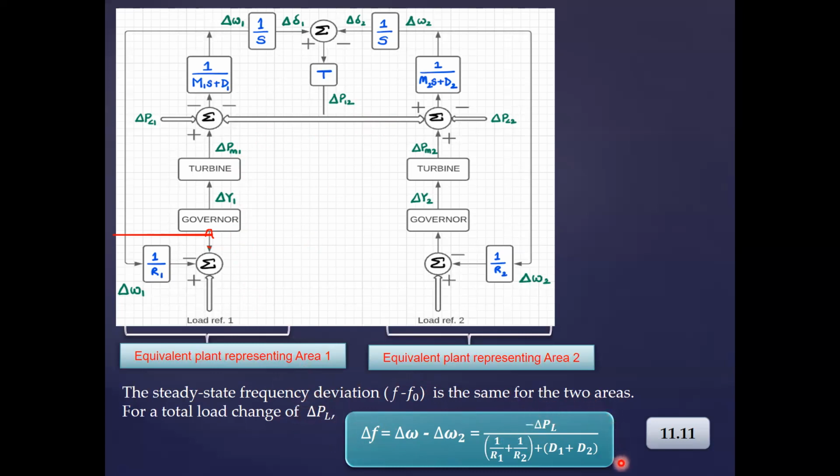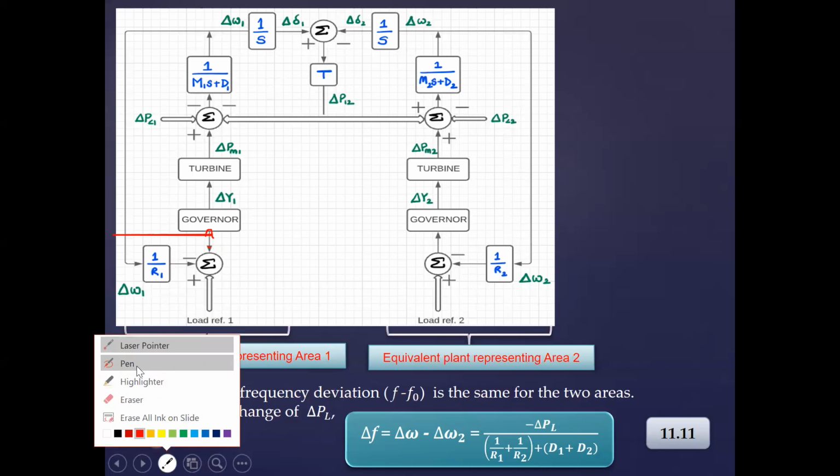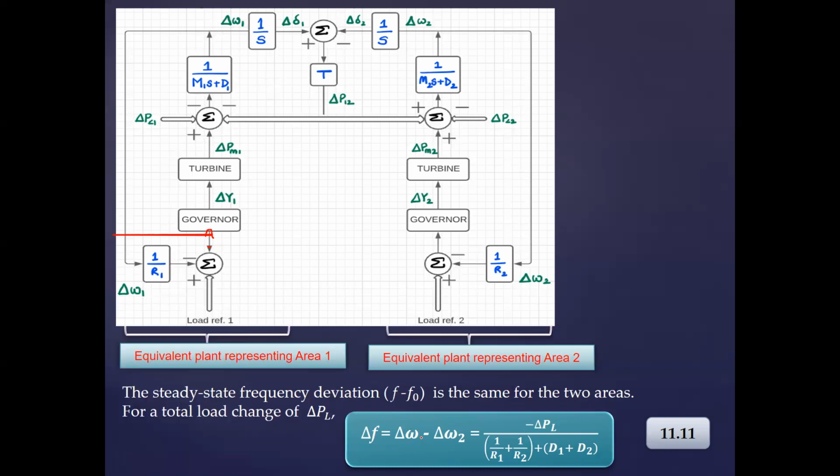This equation we have written down is based on the previous formulation of the relationship that we had for the isolated system. So you can see this is the load change, and then the equivalent R here. And then what was the net or total load damping factor for the two areas here, right?